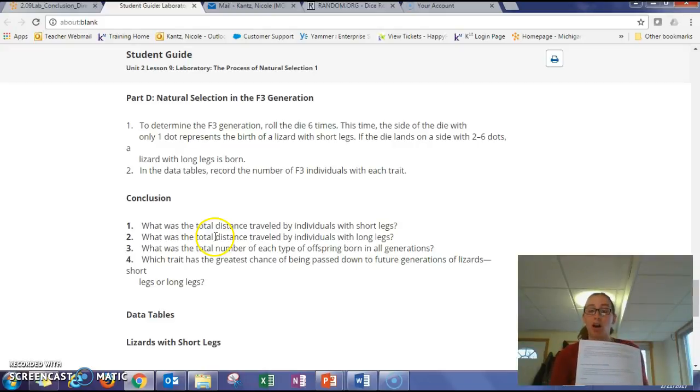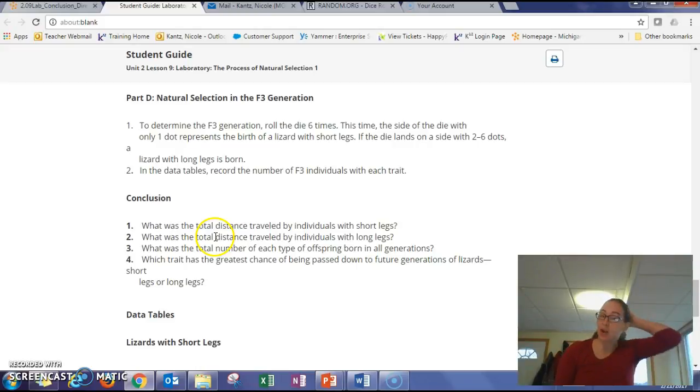You add those all up, and you'll be able to get a specific number. What was the total distance the long legs traveled? Total number of each offspring, and then which trait had the greatest chance of passing down those traits. You can answer those questions, and then it will help you write your conclusion.